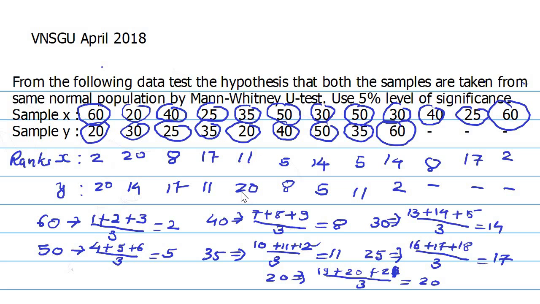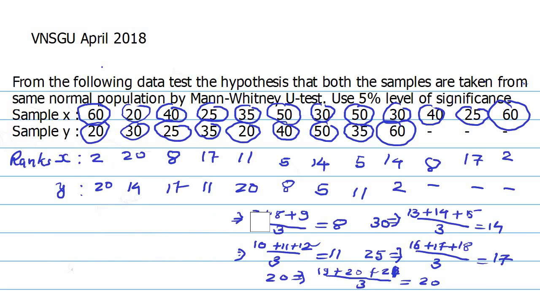Now next step is I will find out total of the ranks. For that let me delete some rough work which is done here so that I can calculate sum of the ranks here.